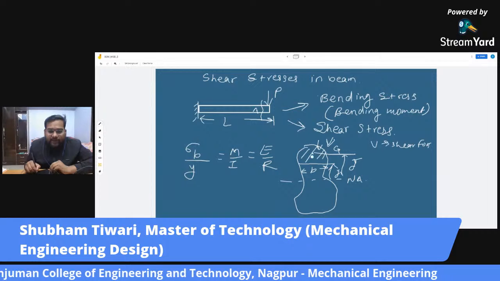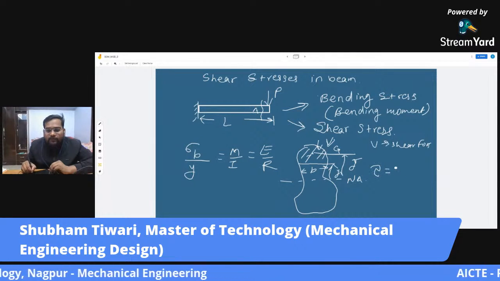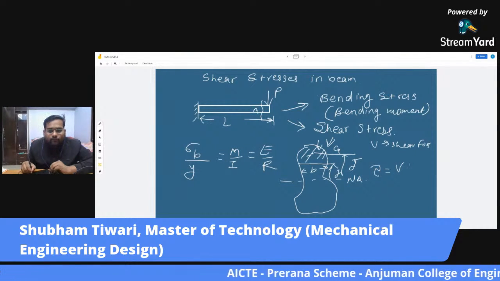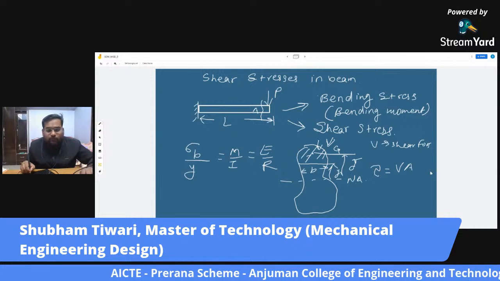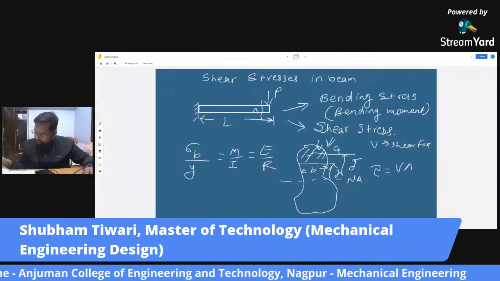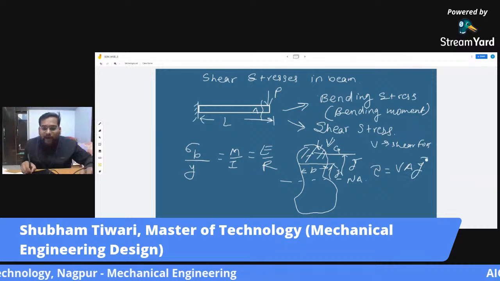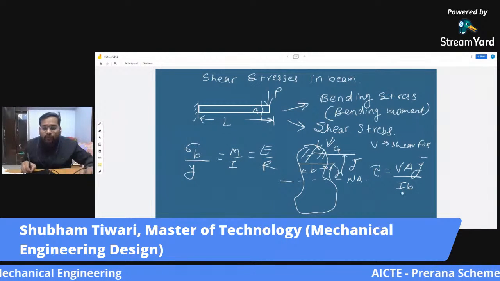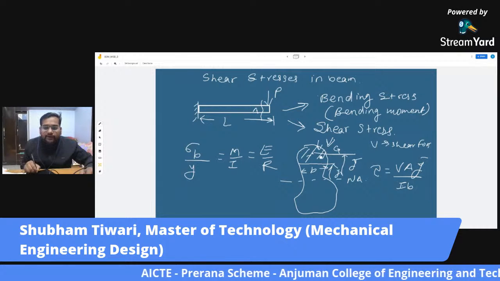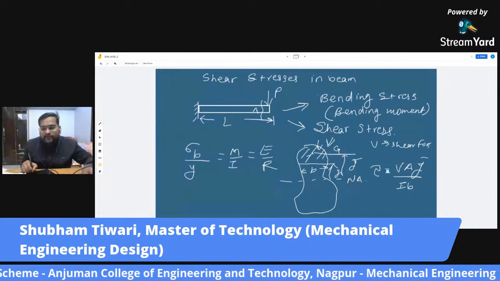Now the shear stress acting on this cross section is given by tau equals V A y bar upon I into B. I is the moment of inertia, A is this cross section area, y bar is the distance of the centroid from the neutral axis, and V is the shear force.